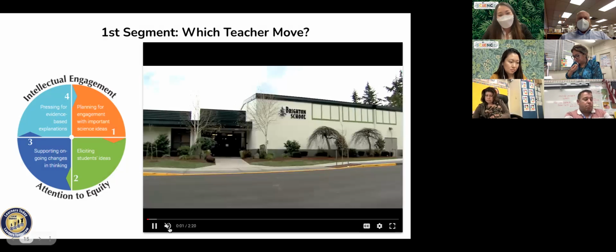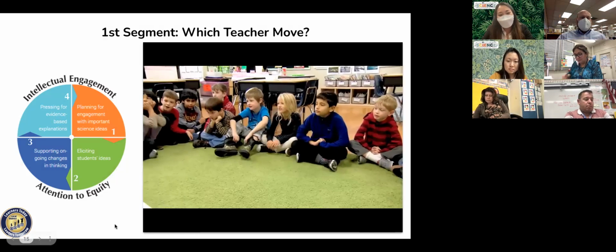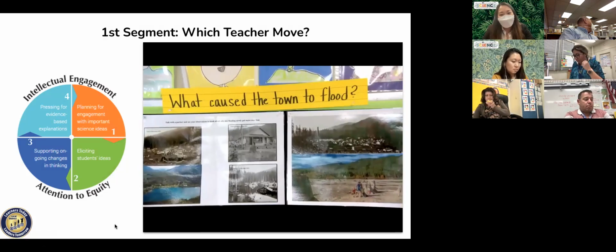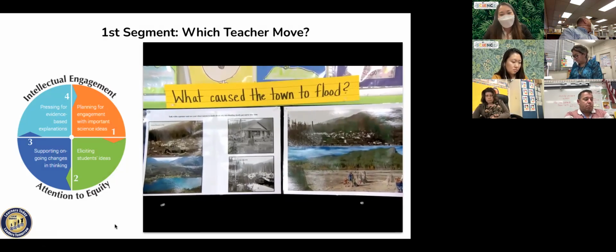So we've been investigating the town of Moncton, and we've been wondering and investigating the question, what caused the town of Moncton to flood?